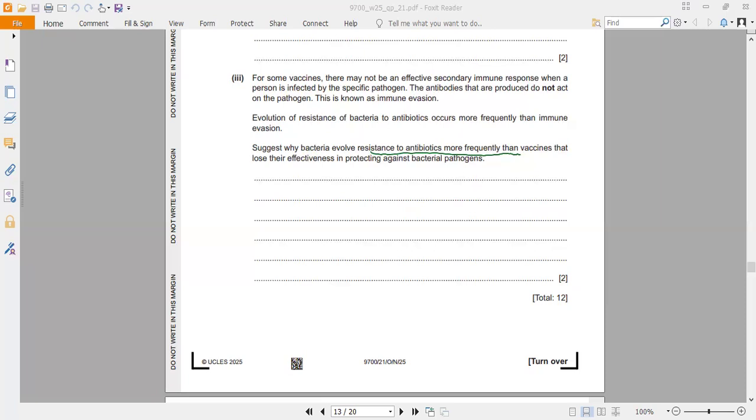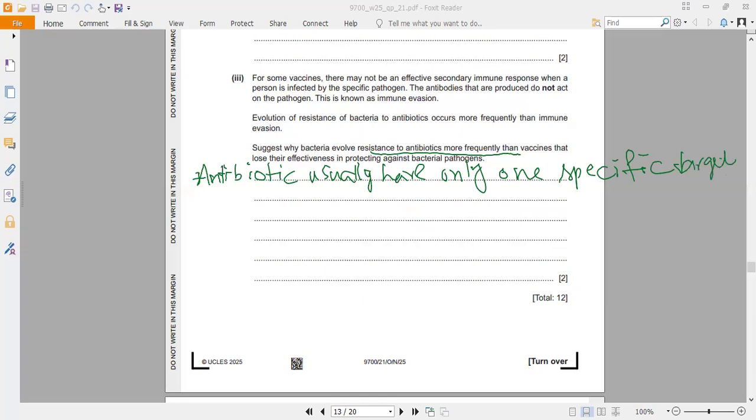Because it is also 2 marks, I have given too much detail, but we have to write a little briefer. Antibiotics usually have only one specific target site, the site of action in bacteria.